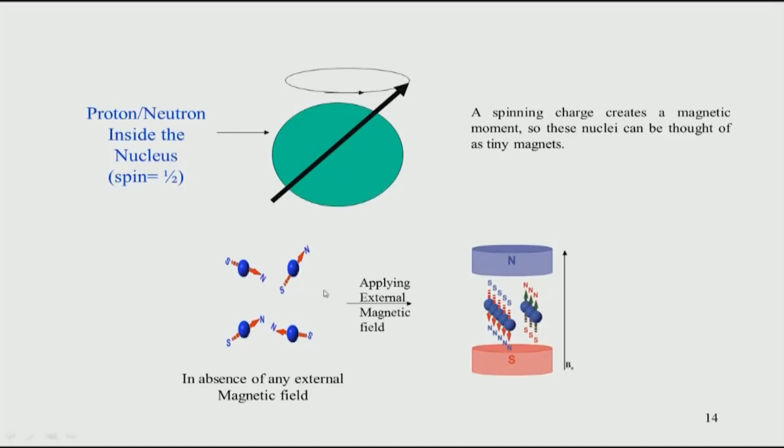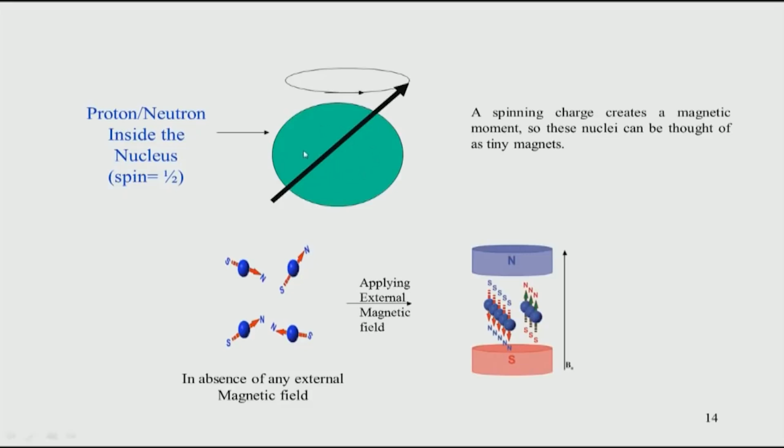However, if you apply a magnetic field, what happens is these nuclei have a spin and they have a charge. Remember, the total nuclear charge is positive because of protons. So the nucleus is charged positively, and at the same time it has a spin associated with it. This combination of charge and spin renders it magnetic.